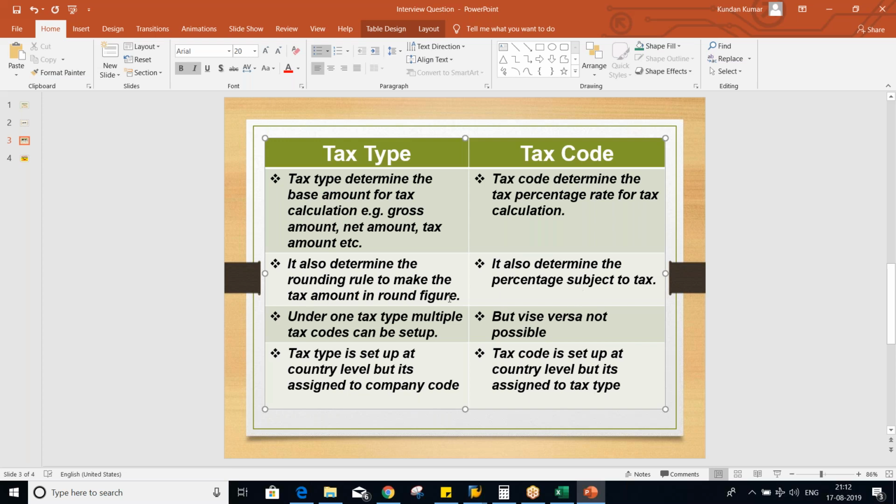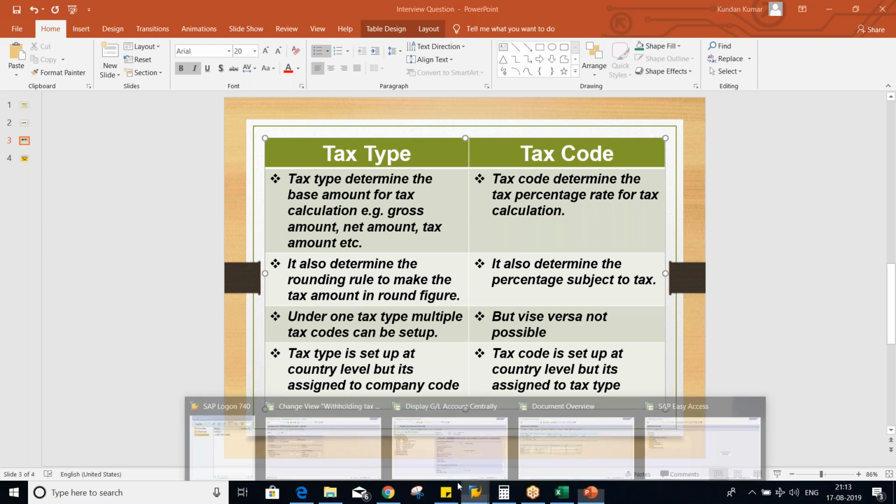And your tax type, I specified, is going to determine the rounding rule. Rounding rule in the sense that whatever the tax amount is, the system is going to make it a round figure. Now the third one: under one tax type multiple tax codes can be set up, but vice versa is not possible.